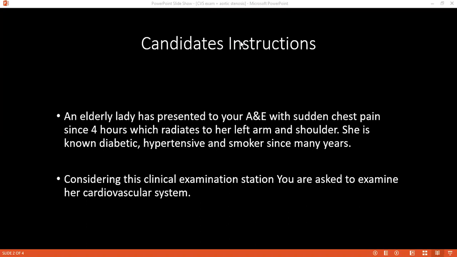Can you name the condition in which you will hear a pansystolic murmur? Mitral regurgitation. Okay, good. Then what management would you offer the patient? I will liaise with a cardiologist, and the MDT team will discuss it.